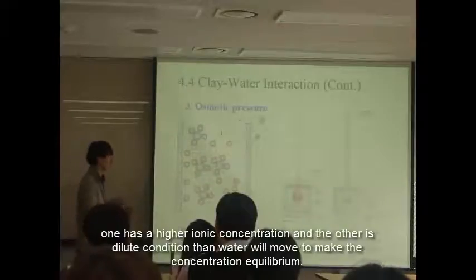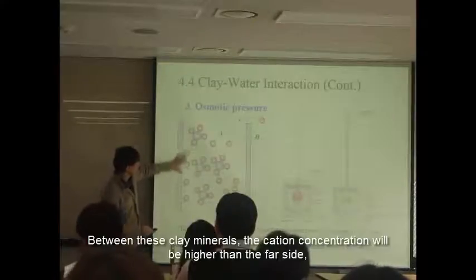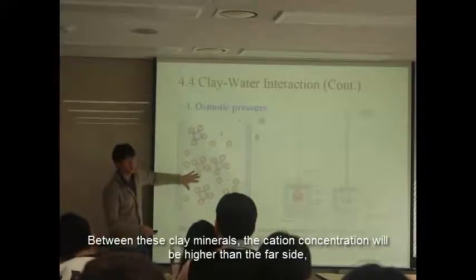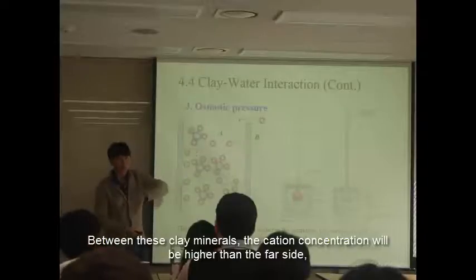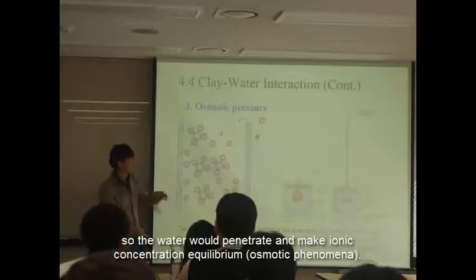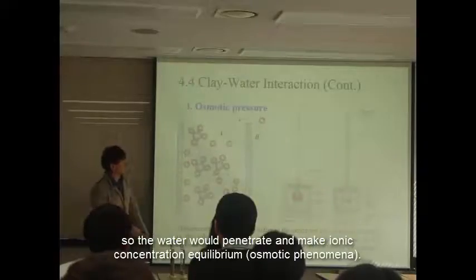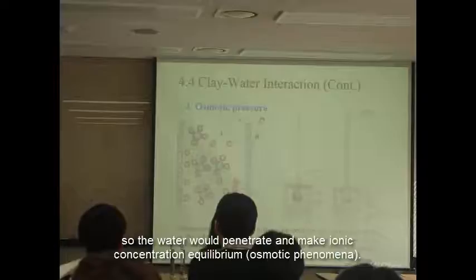That's the osmotic pressure. So around the clay mineral, the cation concentration will be larger than the far side, so that the water will penetrate to make the ion concentration equilibrium. And that is the osmotic phenomenon.